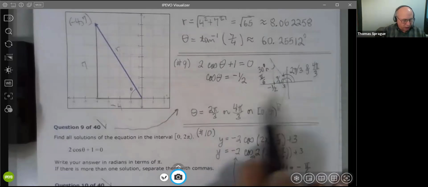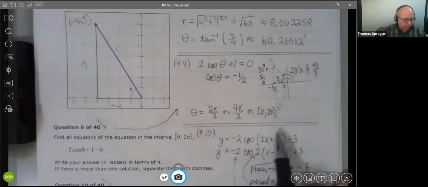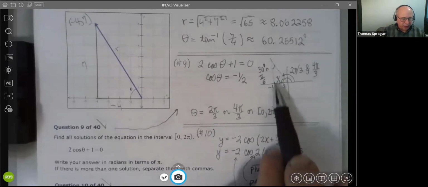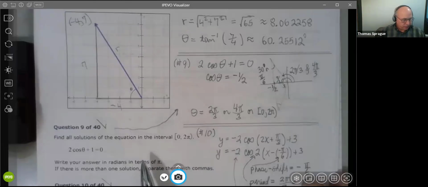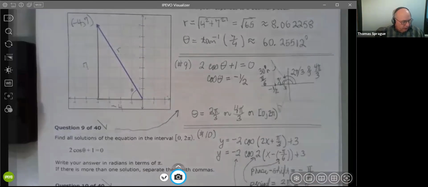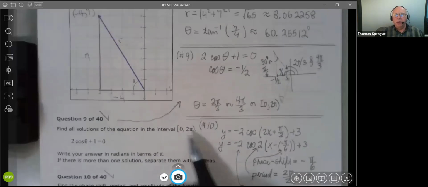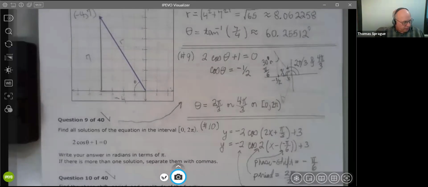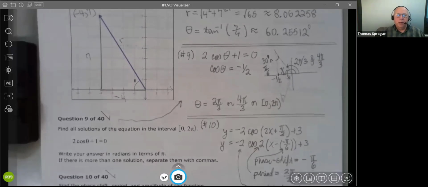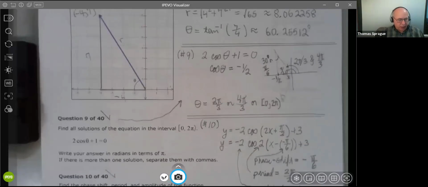And then, of course, there's another solution down here, which is 4 pi over 3. 3 pi over 3 is right, straight line, right? And the question said just to solve it on 0 to 2 pi, so we don't have to write the plus 2k pi. Okay, we have solved them all.